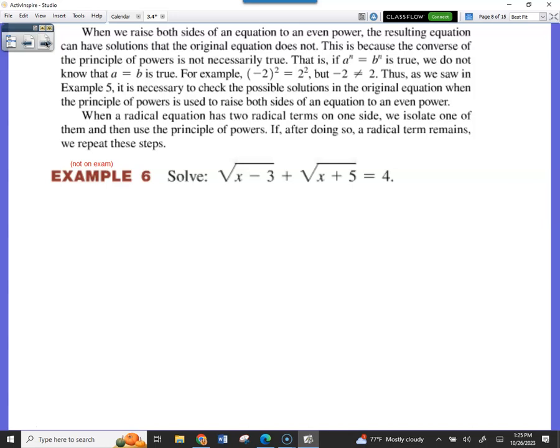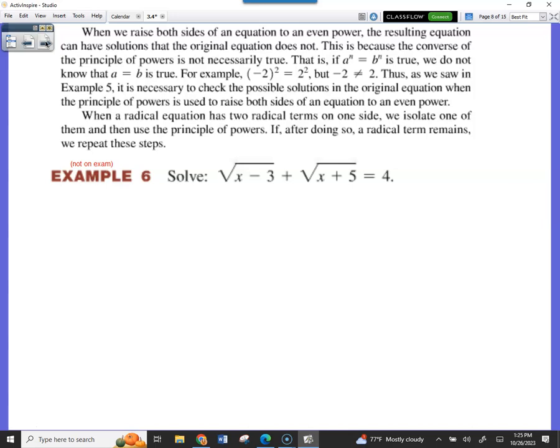But there is something a little different here. Let me show you what I'm talking about. Notice we have a radical plus a radical equals 4. The difference here is you have two radicals. You cannot solve this until they're on opposite sides of the equation, so you just pick one to move to the other side.